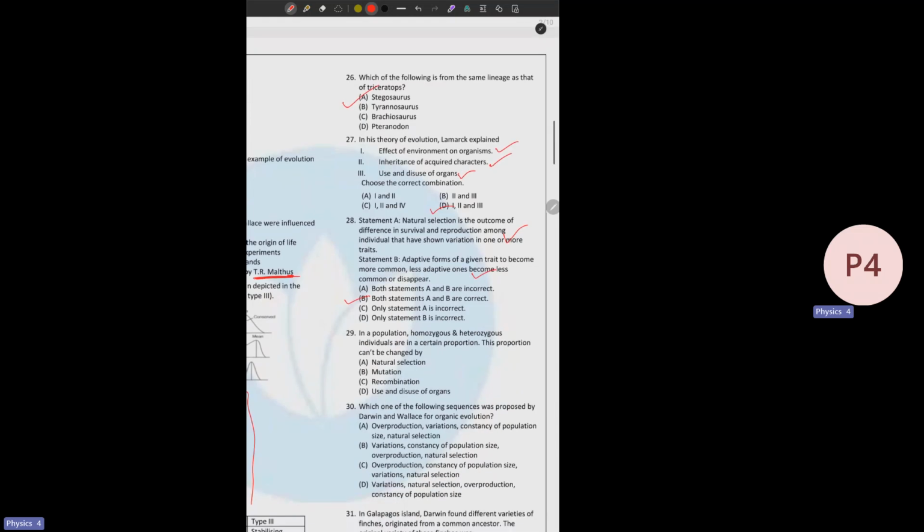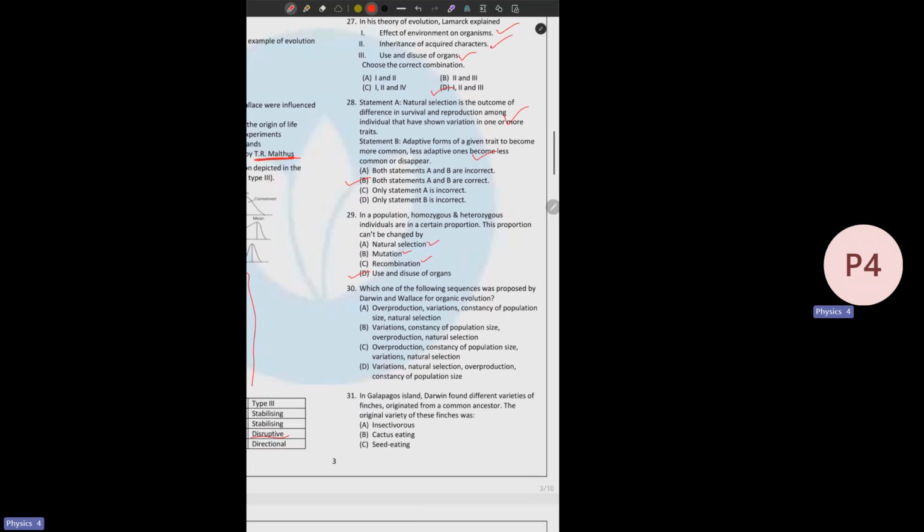Next, in a population, homozygous and heterozygous individuals are in a certain proportion. This proportion can't be changed by... We have to see which is not affecting the population. Natural selection, of course, will bring changes in the population, mutation also, recombination also, but not the use and disuse of organs. So D is the correct answer.